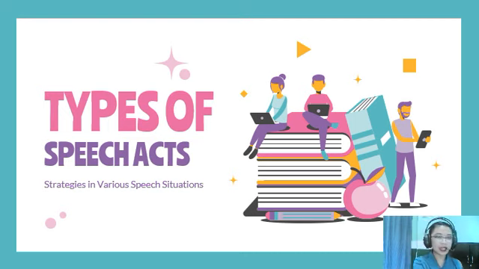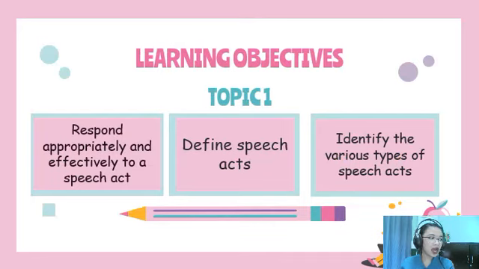The first lesson is about the types of speech acts. We have three learning objectives in this lesson. The first one is respond appropriately and effectively to a speech act. The second one is define what is speech act. And lastly, identify the various types of speech acts.